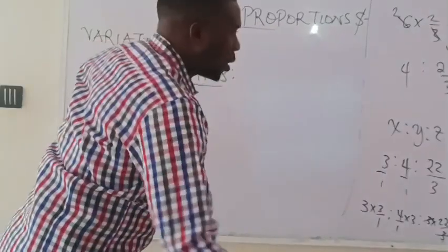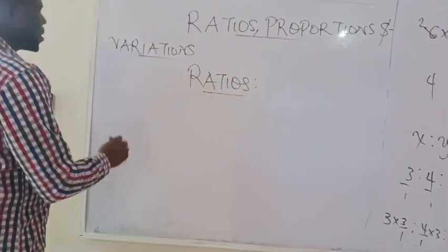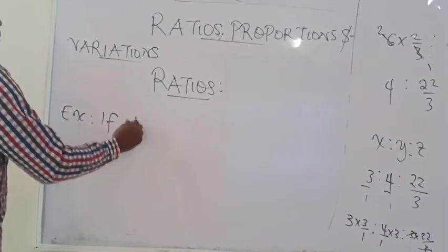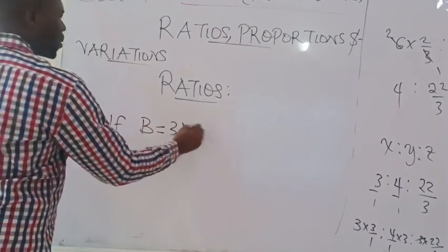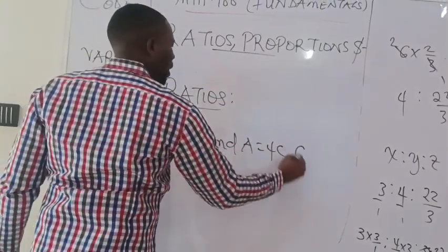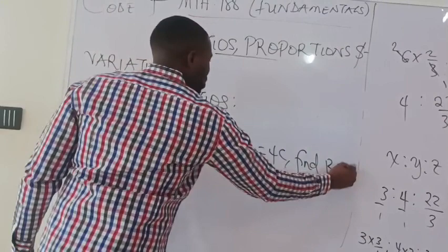And of course there are other questions in ratio we would likely do in a couple of moments. Alright, let's take for instance another example. If b is 3a and a is 4c, find the ratio b to c.